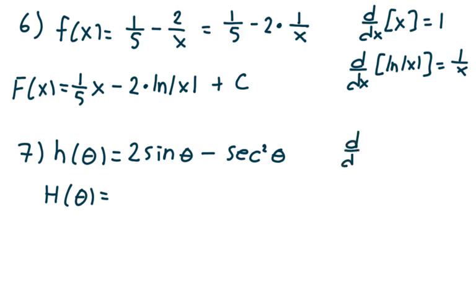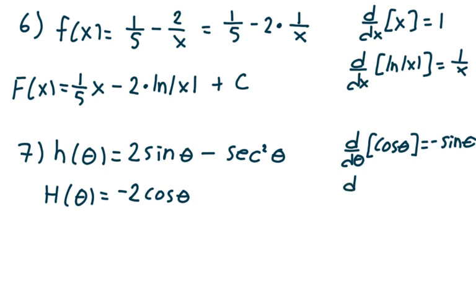The derivative with respect to θ of cos θ is negative sin θ. But I don't want negative sin θ, I want sin θ. And so I have to take that cos θ and multiply by negative 1. And so this is going to be −2 cos θ.